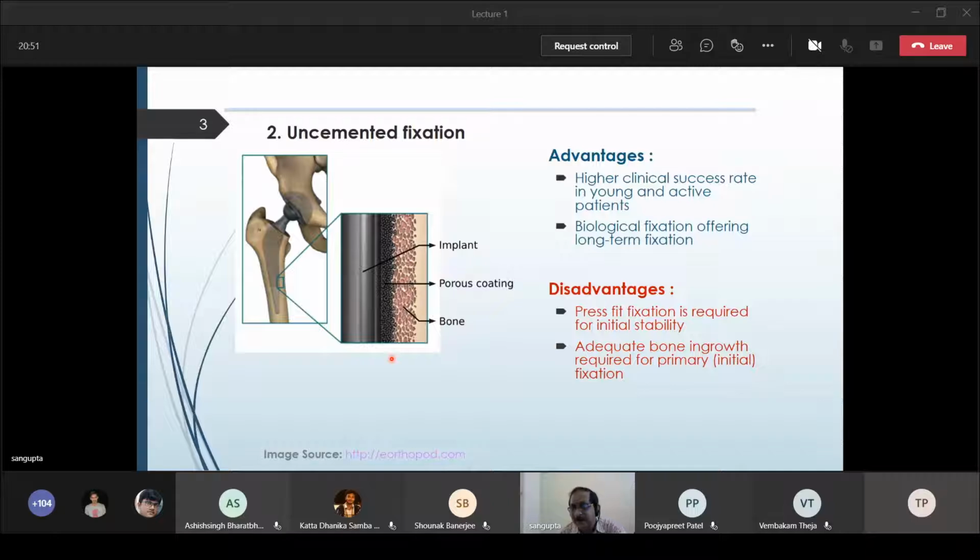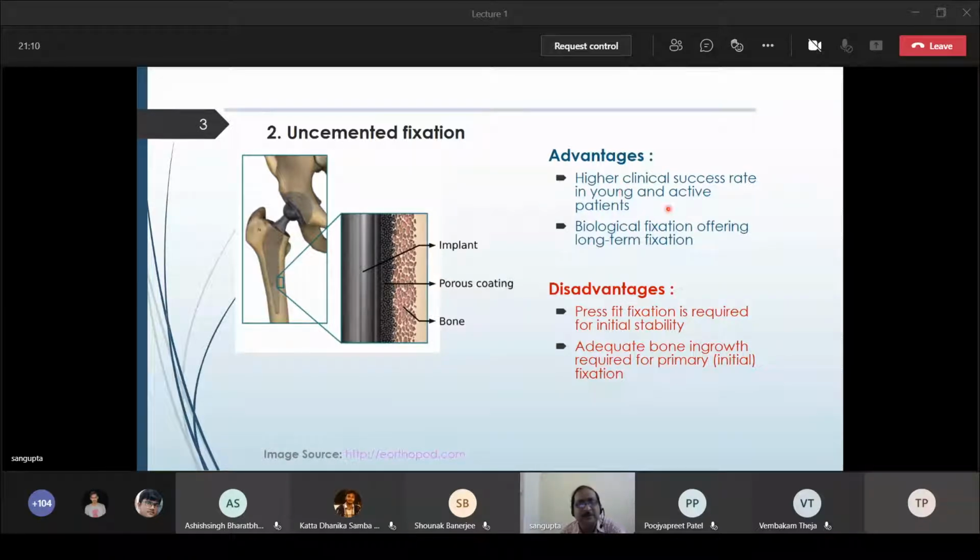Okay. So the advantages are higher clinical success rate in young and active patients, because biological fixation offers basically long-term fixation.